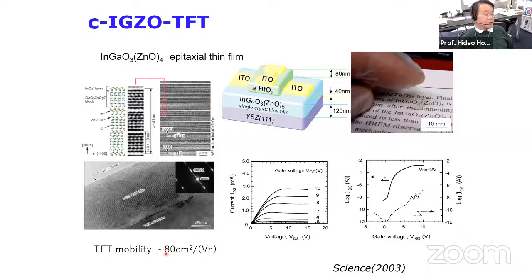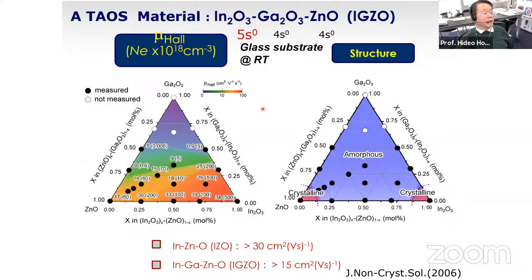But to fabricate the epitaxial thin film, high temperature is needed, so it is not so practical for display applications. So we switched from epitaxial thin film to amorphous. First we checked the formation of the amorphous phase and measured the Hall carrier concentration and the mobilities.